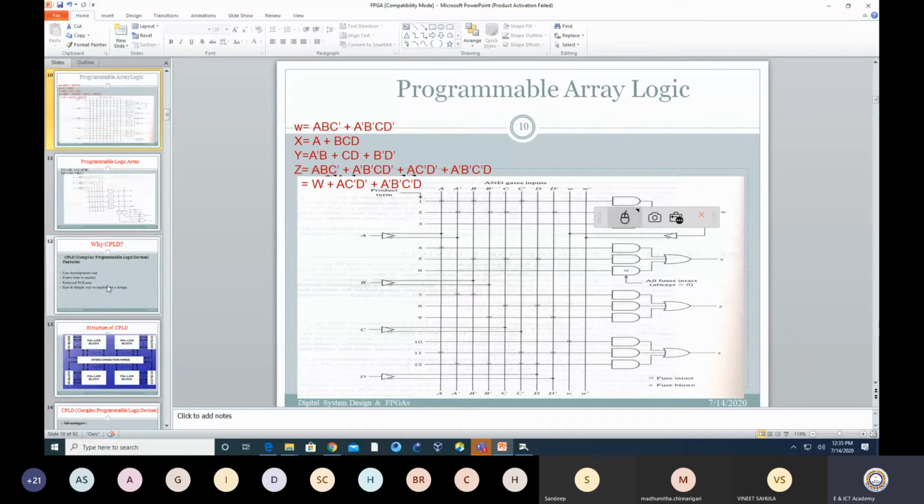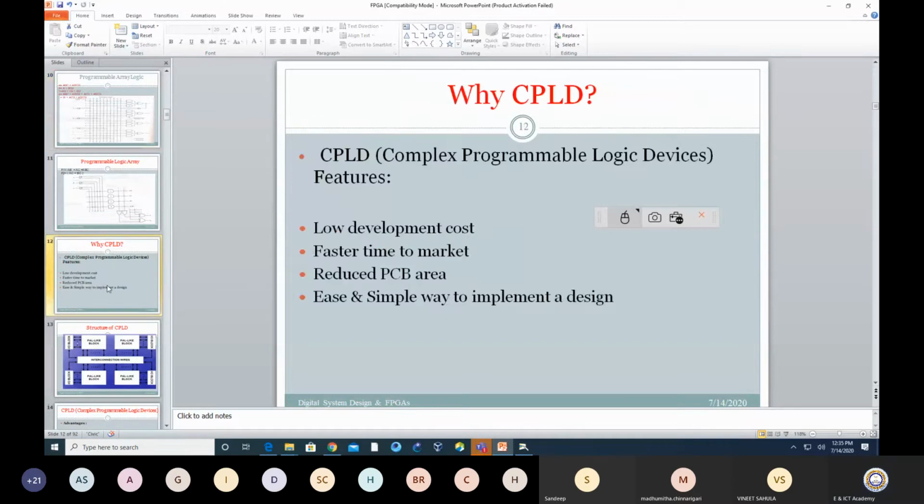So as the inputs of the design increase, as well as the min terms or max terms, it is vice versa: for SOP it is a min term, for POS it is a max term. If it increases, it would be difficult for you to implement with your PAL or PLA.